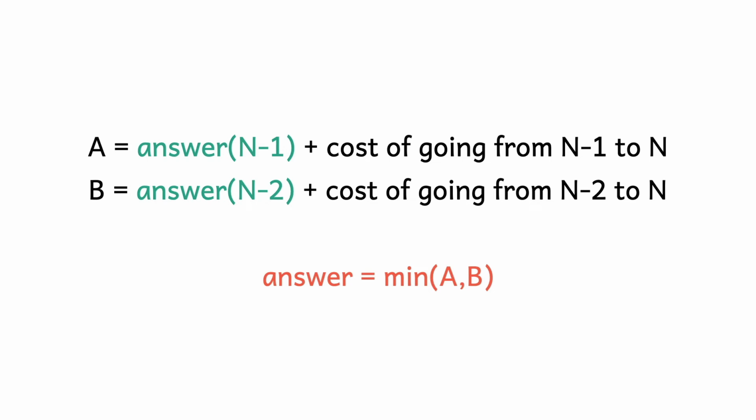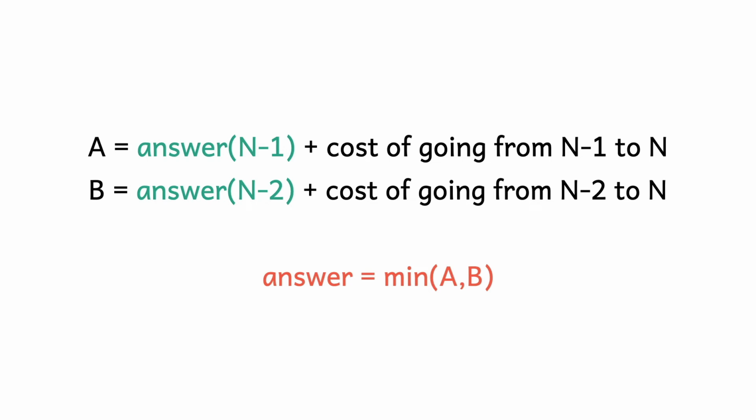We're just going to ship this off to the recursion fairy, which essentially means that the way we will compute answer of n-1 and answer of n-2 is exactly the same as the way that we are currently trying to compute answer of n.